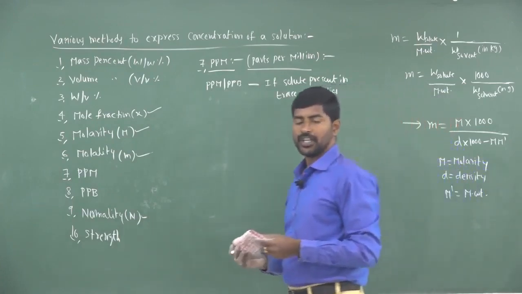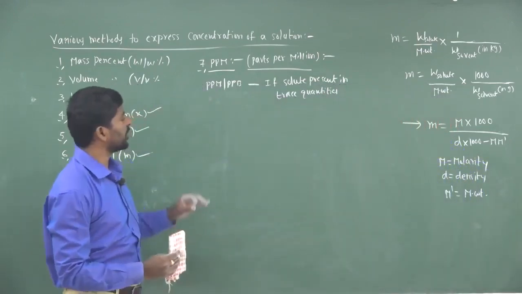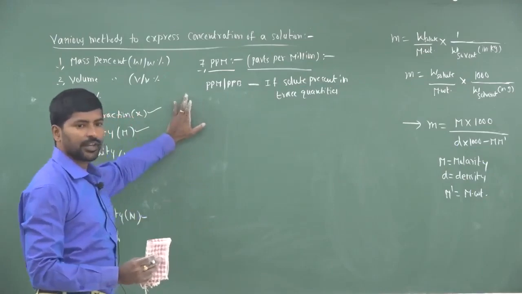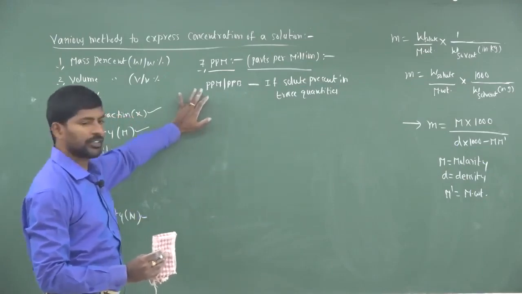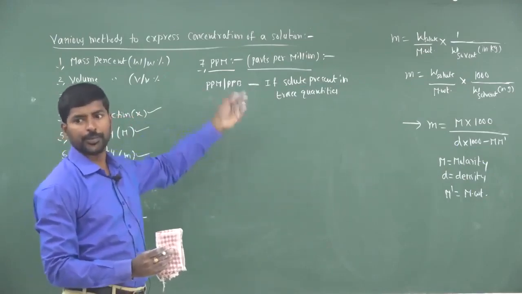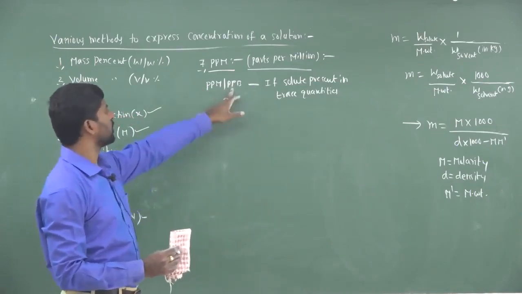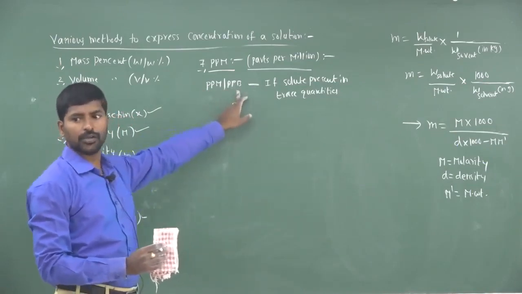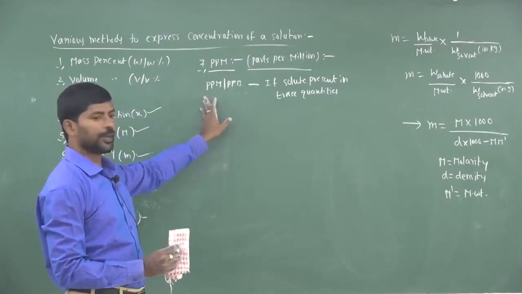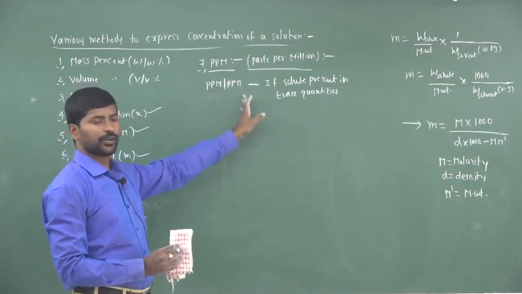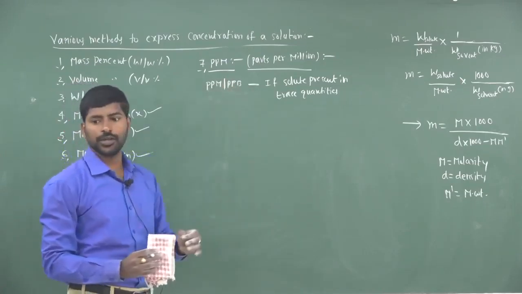For still lower concentrations, we follow the ppb scale.